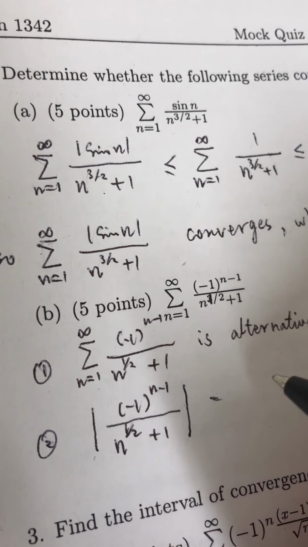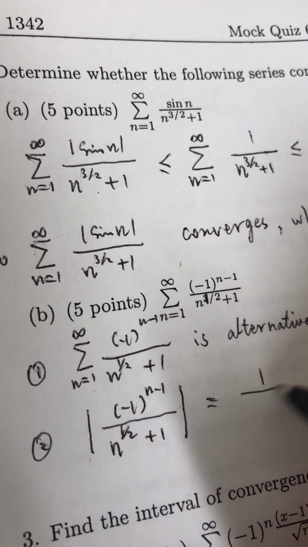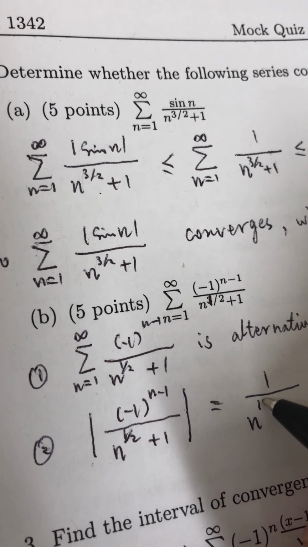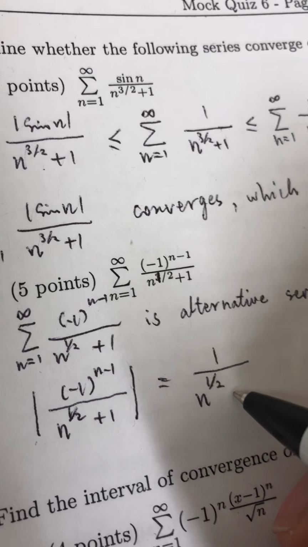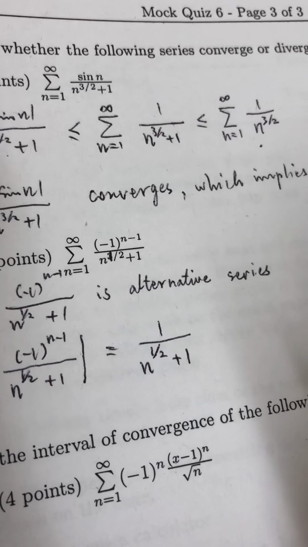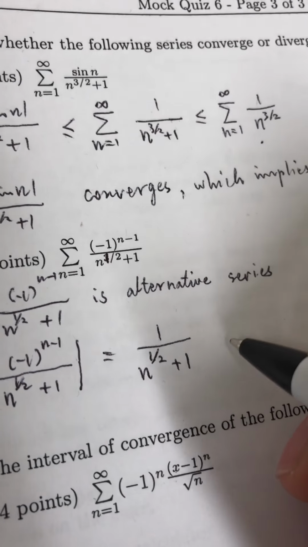Which is the same as 1 over n^(1/2) plus 1. And it's obviously decreasing, okay?